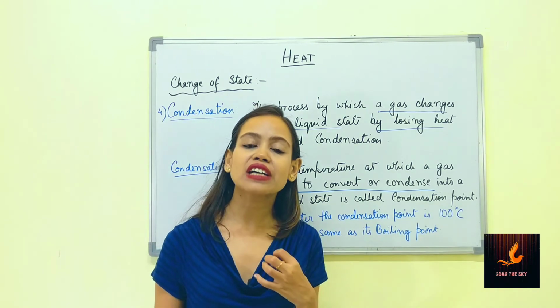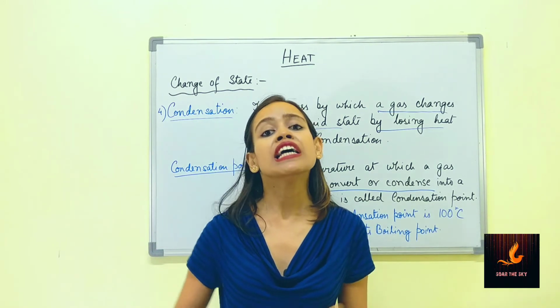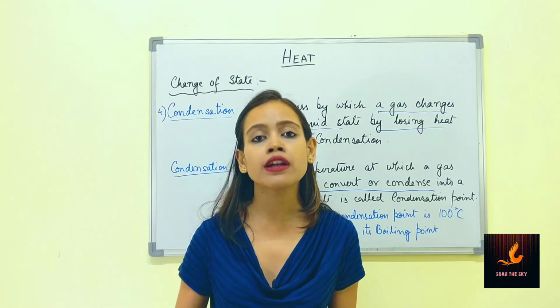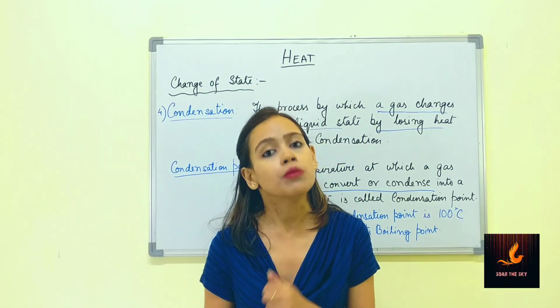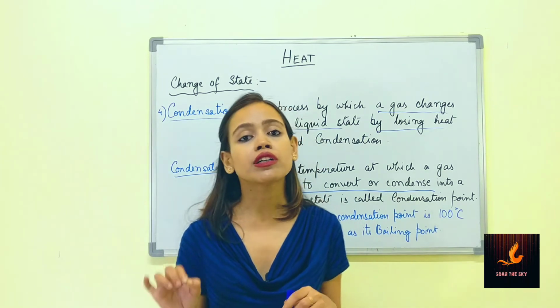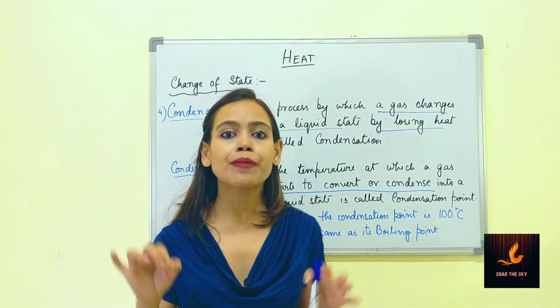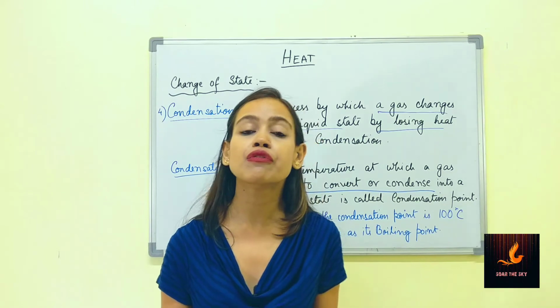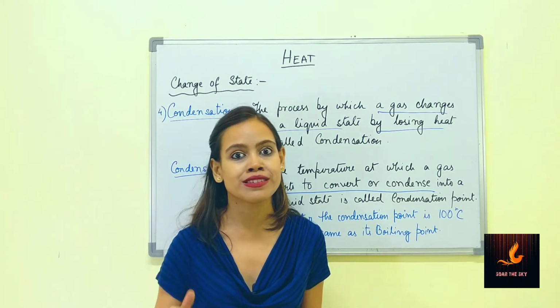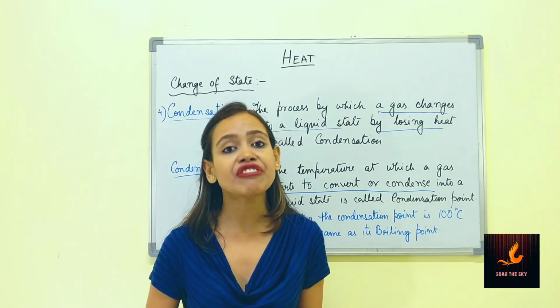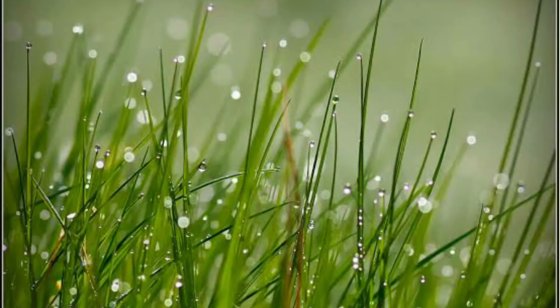So slowly and gradually, those water vapors inside that cool air start to condense or go back to their liquid form, that is water droplets. These are present in the air in the form of miniature water droplets, and when the temperature is considerably cooler, we can find them in the form of dew drops in the early morning.